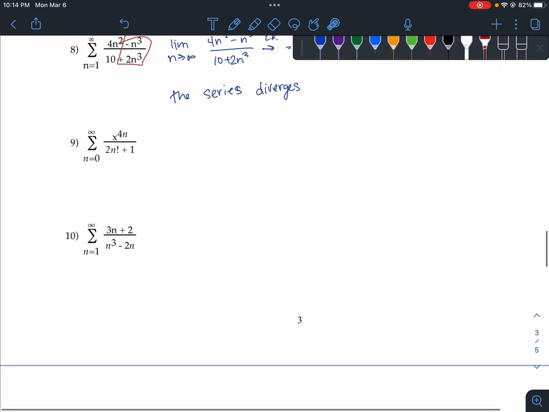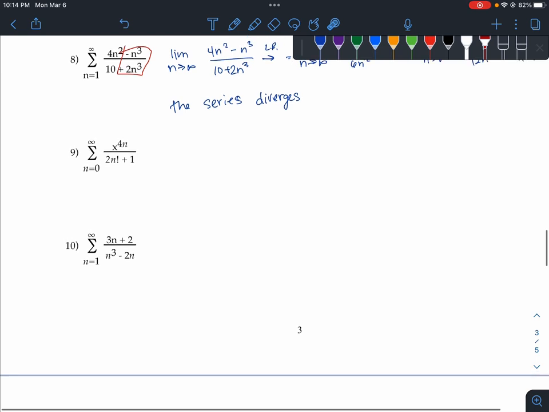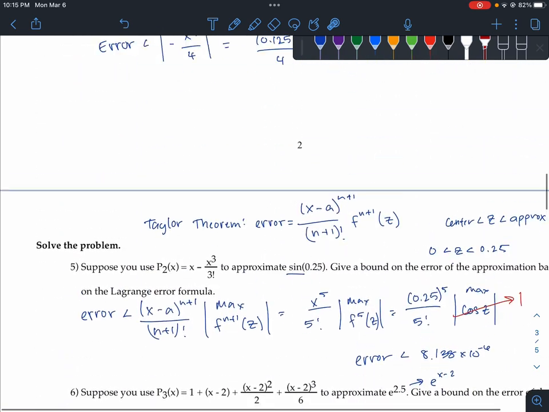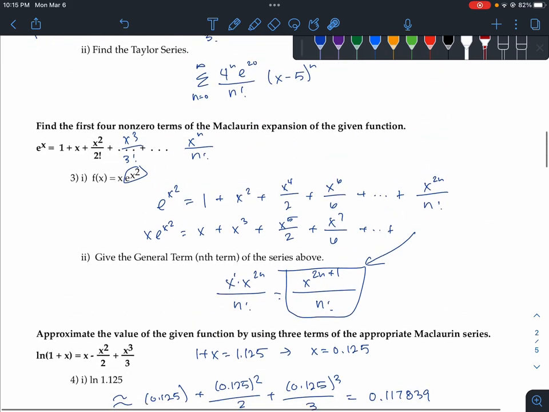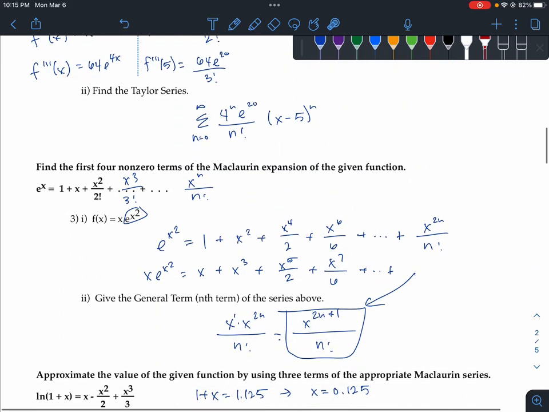Okay, for this next one, I'm going to use the direct comparison test. The reason why I want to use it is, if you remember up here, we had this series of e to the x, the Maclaurin series. It's the series as n equals 0 of x to the n over n factorial.